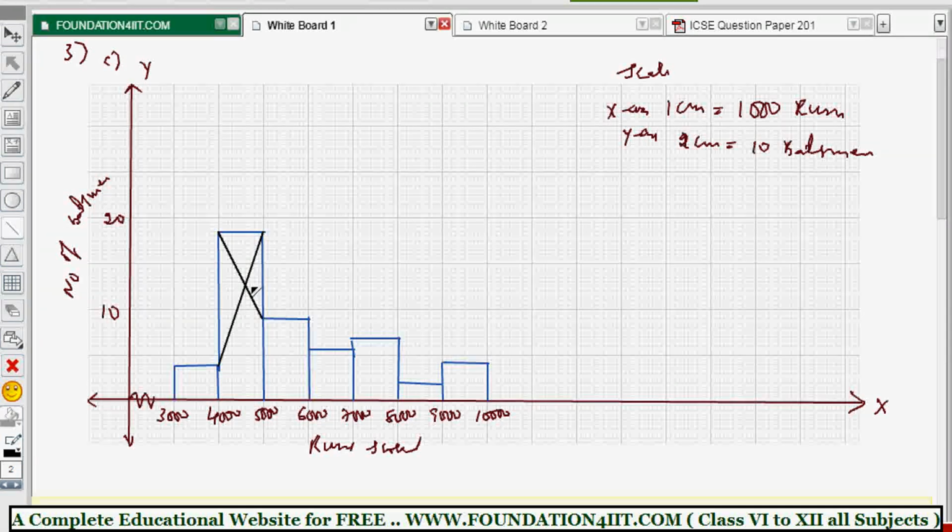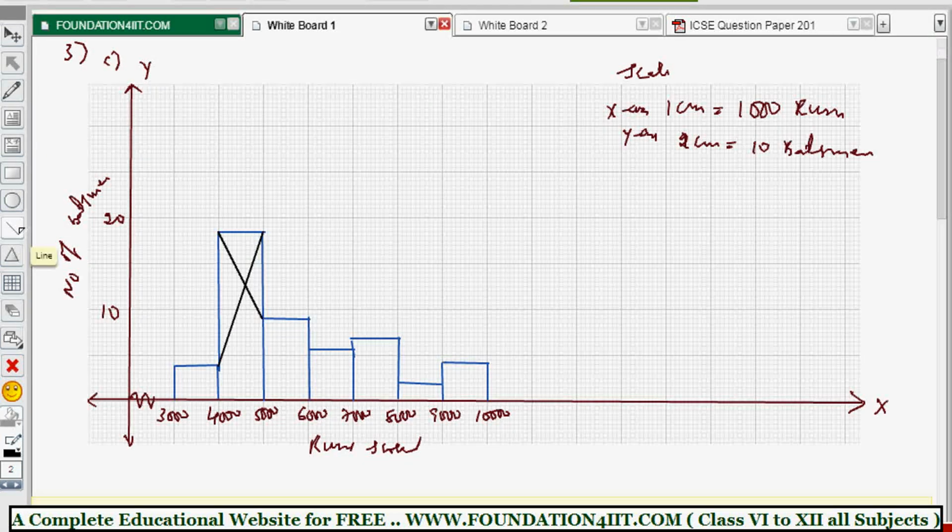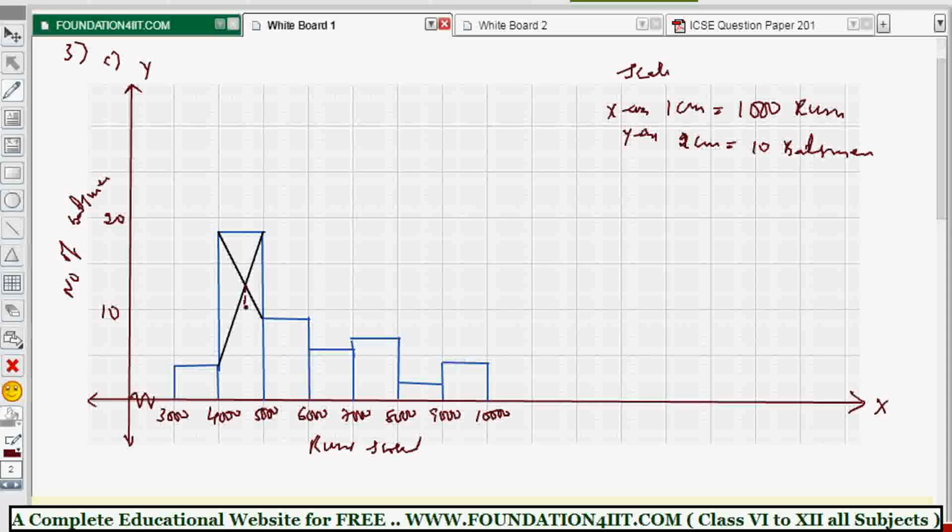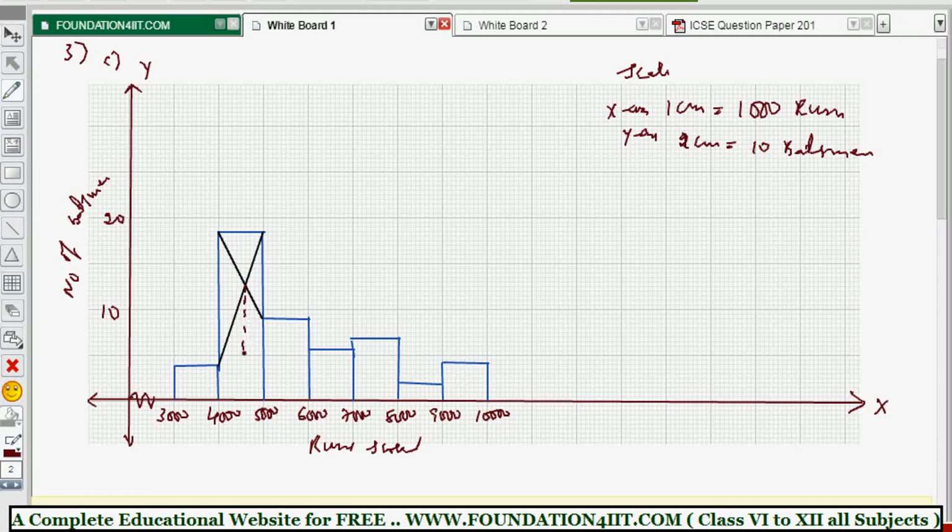Then where these both lines coincide, from there we should take one dotted straight line down to where it touches the x-axis. So that is the mode here.